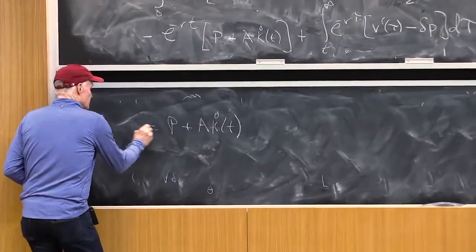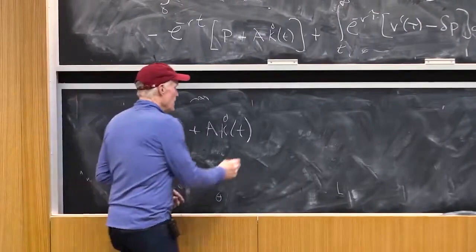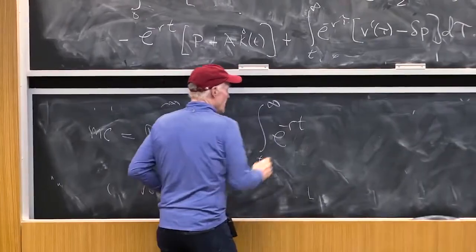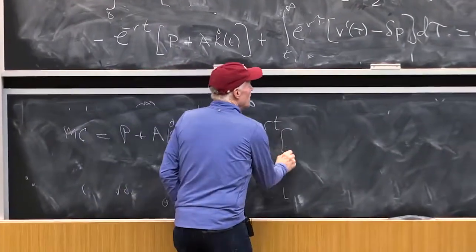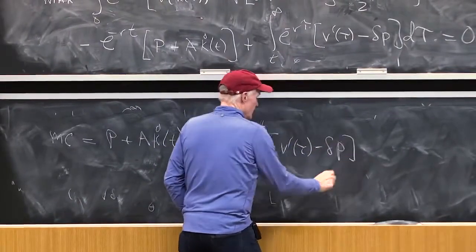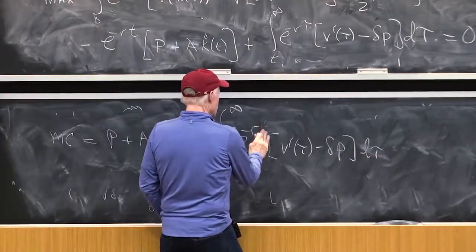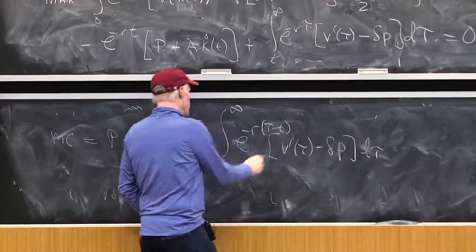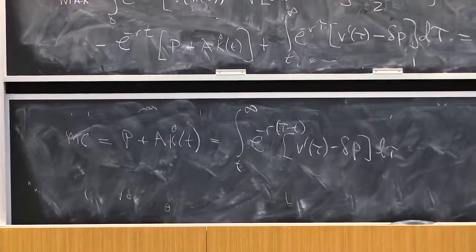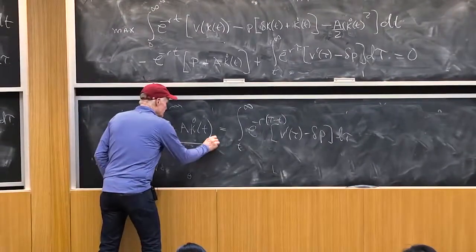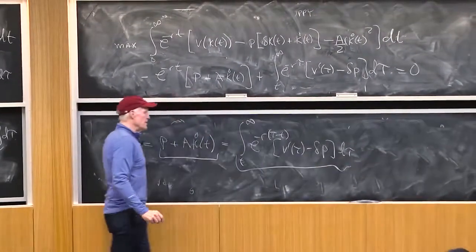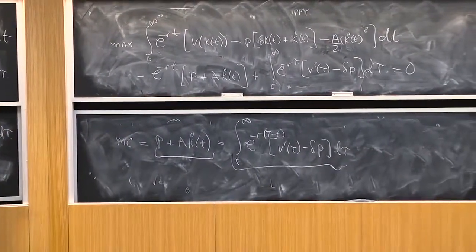That's my marginal cost of investment, equals the integral from t to infinity, e to the minus r, V prime of tau minus delta P, d tau, and this is tau minus t, right? Because I just brought the e to the minus rt over to the other side. All right. So it says I have my marginal cost of investment equal to that discounted value of net returns on capital, just like I had before.